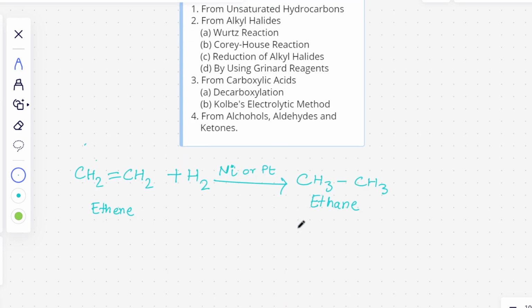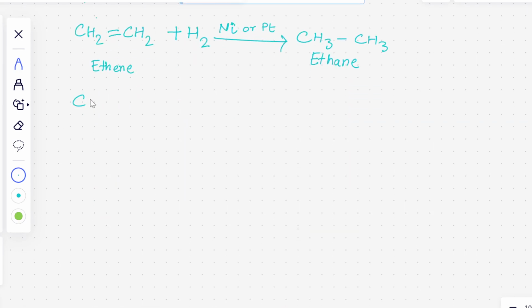We could look at a very similar example: if you had CH triple bond CH, ethyne, and you added two molecules of hydrogen and also nickel or platinum or palladium, whatever suits, you would still end up with CH3CH3, that is ethane.